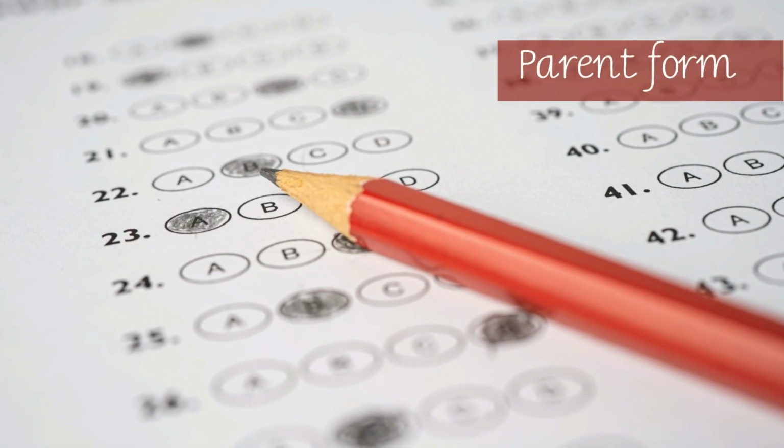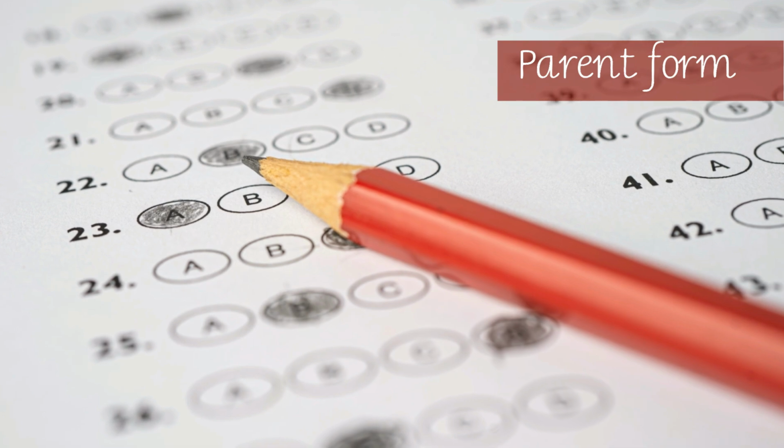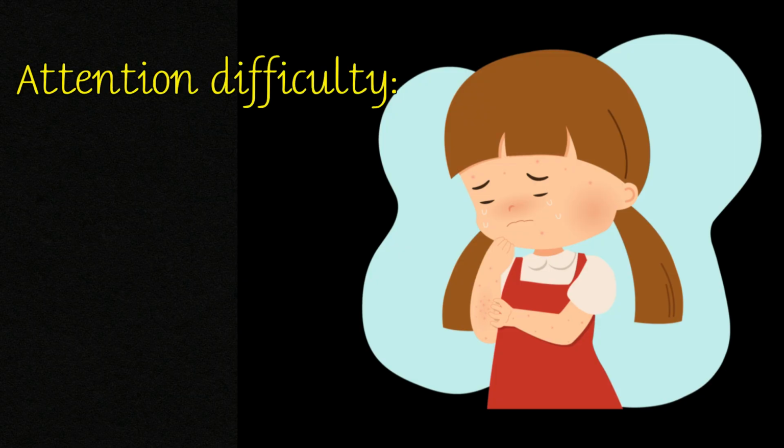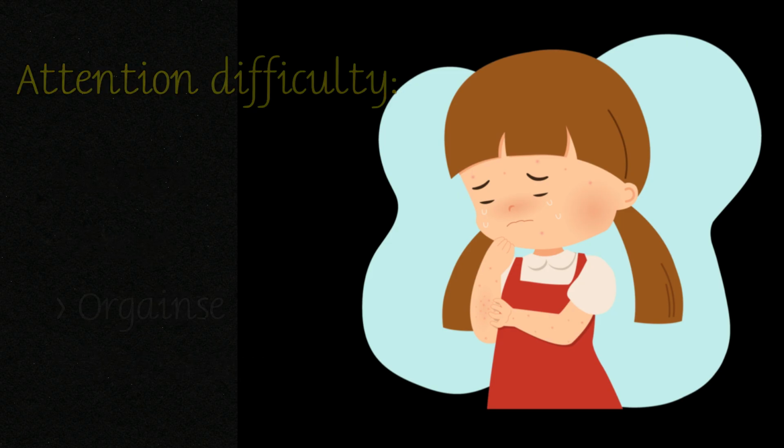Seema's mother filled out the parent form. The test results indicated that Seema had a poor ability to remain attentive. This made it difficult for her to listen to what people were saying, stay focused on tasks, organize, and remember.